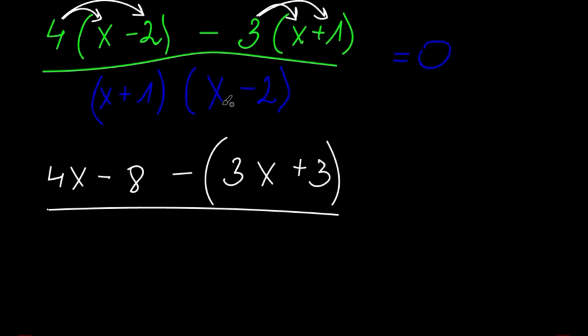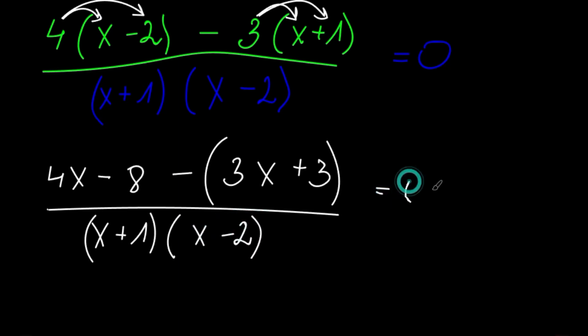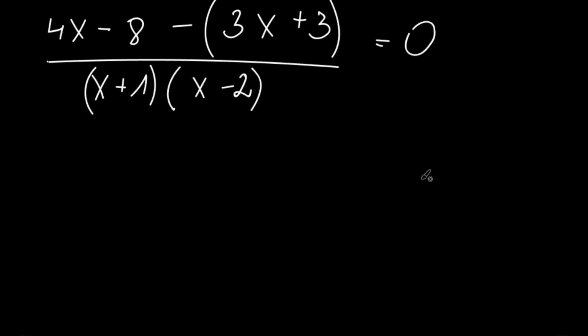Don't open these brackets because it won't be useful to you and you'll lose time, and time is precious during our exams. Okay, so x plus 1 times x minus 2, and this is equal to 0. Now let's open these brackets. So basically, there is a minus 1 here, so the signs in these brackets will change.